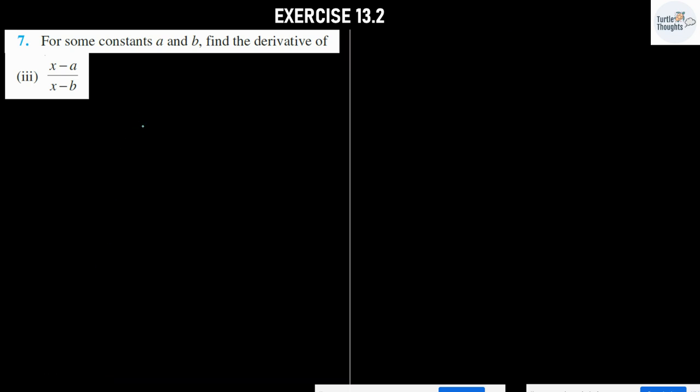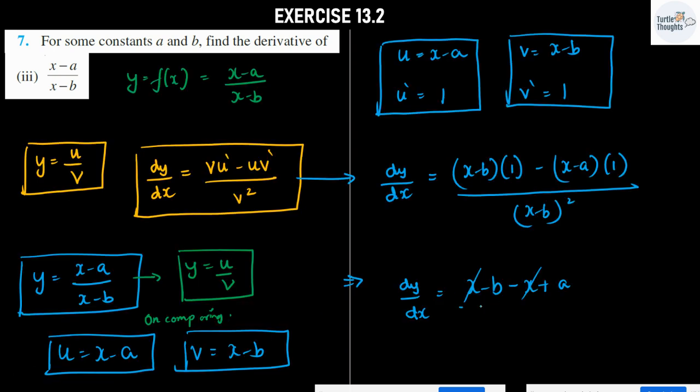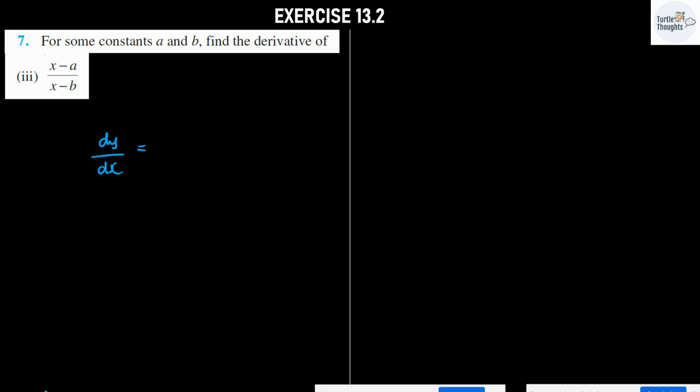I can write my final answer as dy by dx equal to, I will be left with minus b and a in the numerator. In the denominator, I have (x minus b) whole square. Finally, the answer dy by dx is equal to (a minus b) divided by (x minus b) whole square.